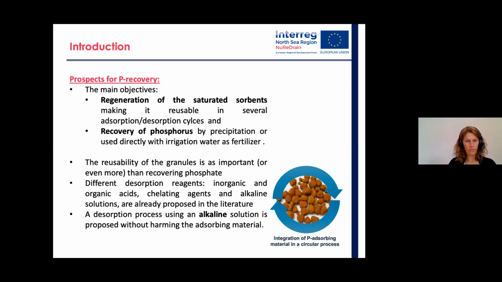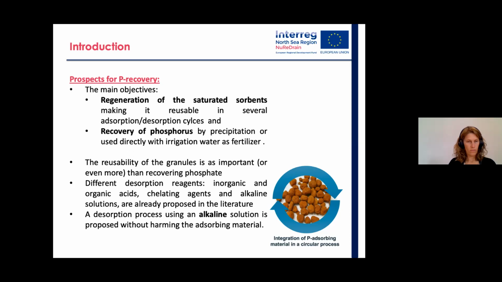Afterwards, the desorbed phosphorus can be recovered by precipitating it or used directly with the irrigation water as a fertilizer. So two main objectives: the regeneration of the saturated sorbent, and the recovery of the phosphorus.